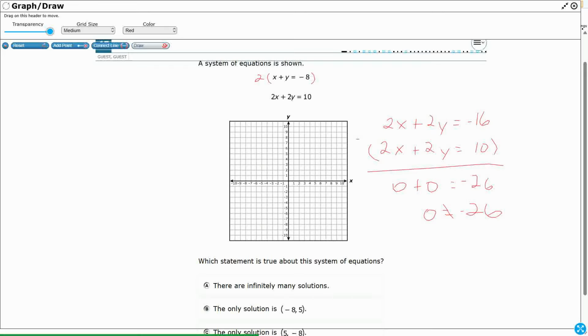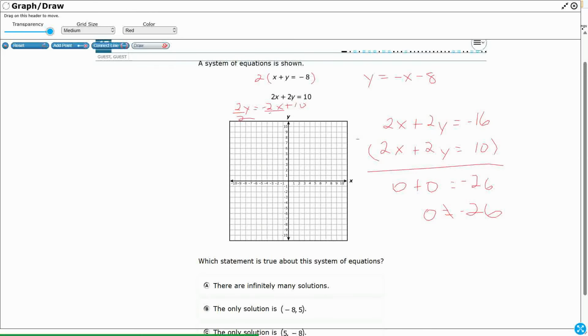Now, to verify this, let's go ahead and graph this. Now, we cannot graph it in standard form. We need to make each of these slope-intercept form. So this first one should be easy. We're just going to make this y equals negative x minus 8. On this one, we need to do a little bit of work. 2y equals negative 2x plus 10, divide by 2.